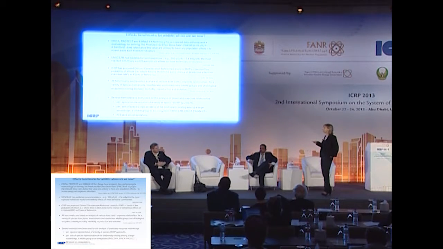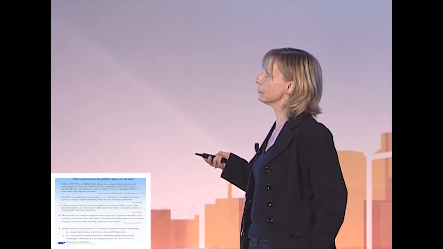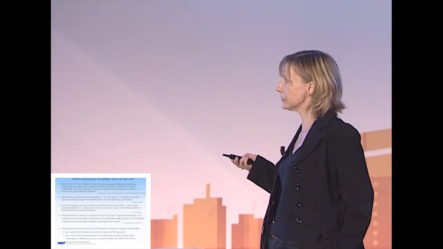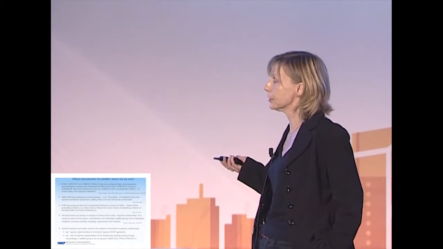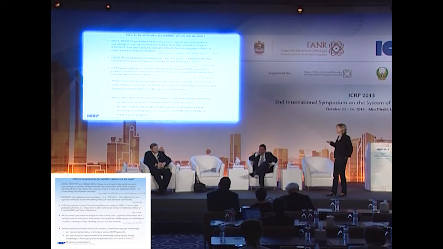For instance, per species representative of a family of species. This is done under the ICRP approach. Or per set of species representative of the biodiversity existing among a larger assemblage, among a wildlife group or an ecosystem. This is the approach that was selected under the UNSCEAR recommendation and the ERICA PROTECT projects.